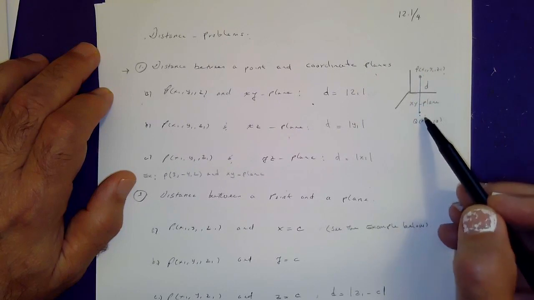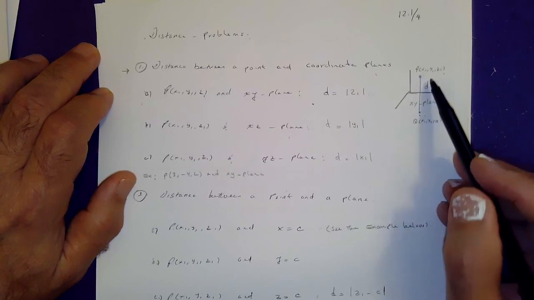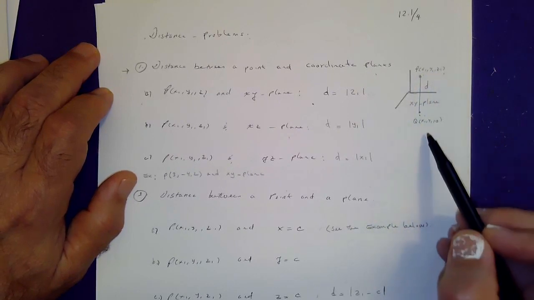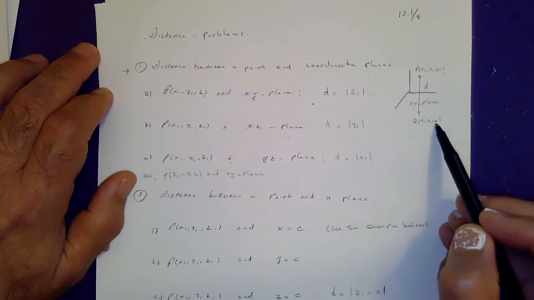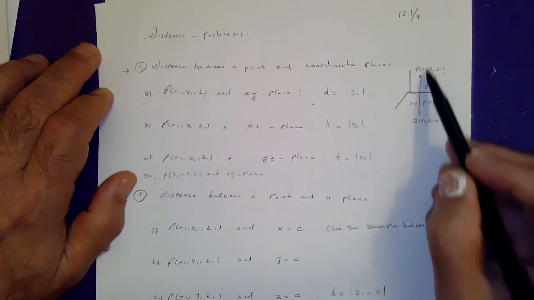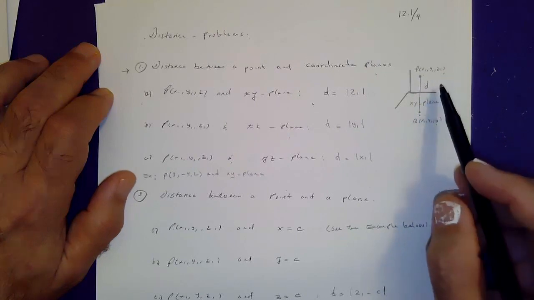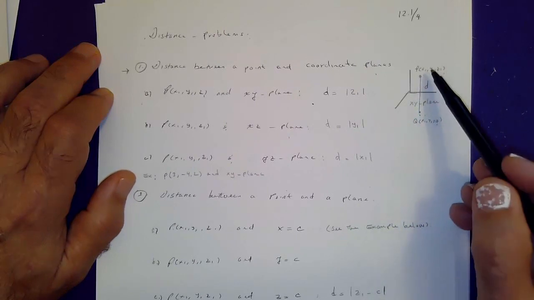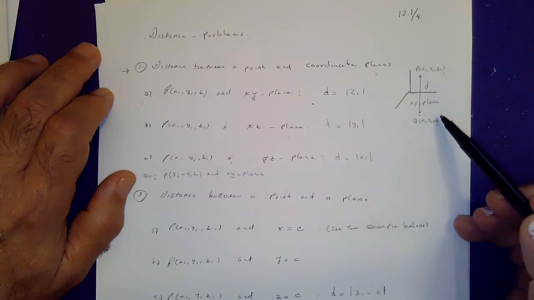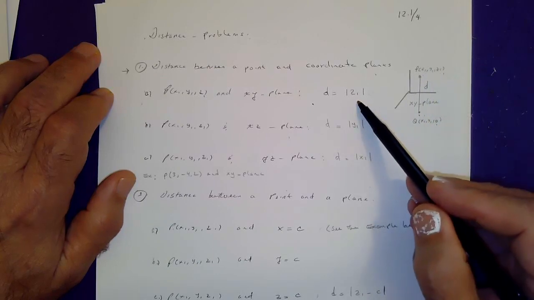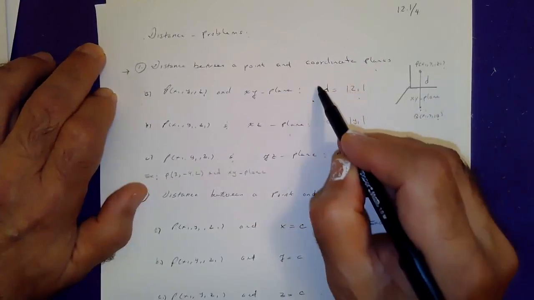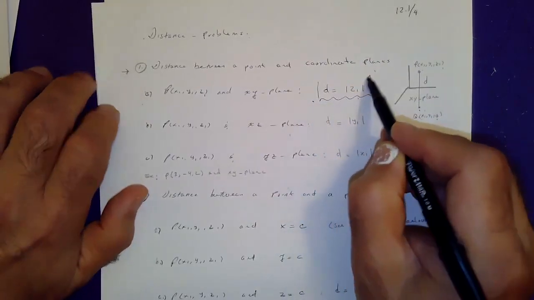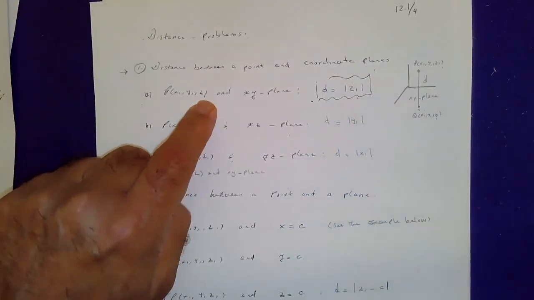The corresponding point to (x, y, z) on the floor is (x, y, 0). So if you use the distance formula, you will have 0 for the x component, 0 for the y component, but the z component stays. So the answer would be the absolute value of the z component of the point.